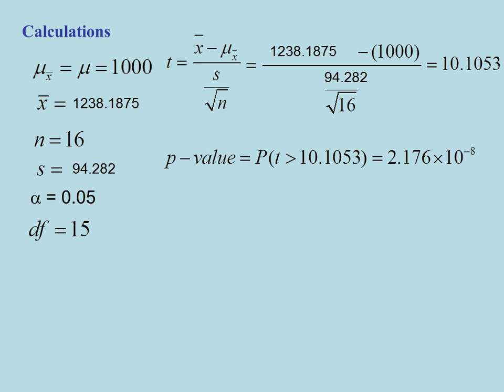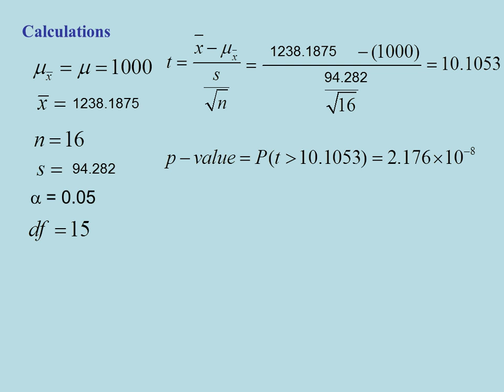So now we look up our p-value, and we do that the same way that we do the z. Our probability is equal to P(t greater than 10.1053), because remember, go back to your hypothesis, t is greater than 10.1053.